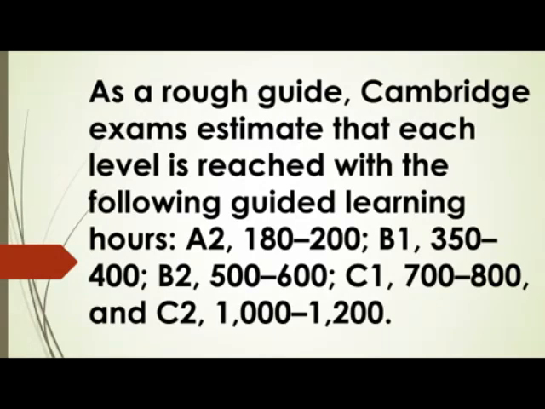As a rough guide, Cambridge Exams estimates that each level is reached with the following guided learning hours: A2, 108 hours to 200 hours, B1, 350 hours to 400 hours, B2, 500 hours to 600 hours, C1, 700 hours to 800 hours, and C2, 1000 to 1200 hours.